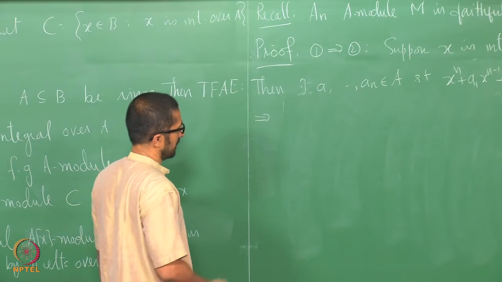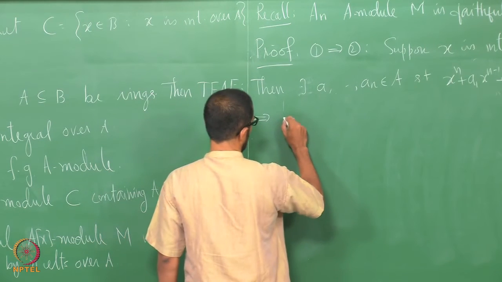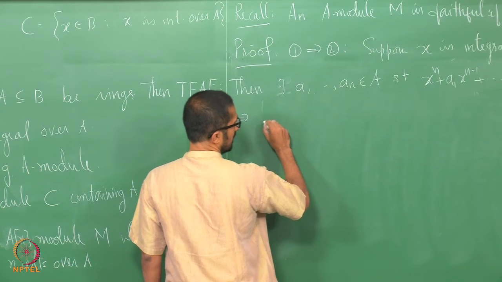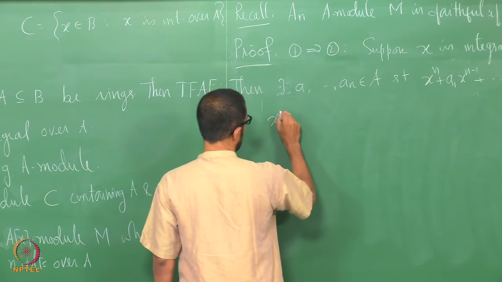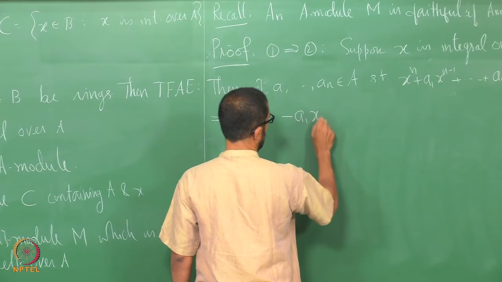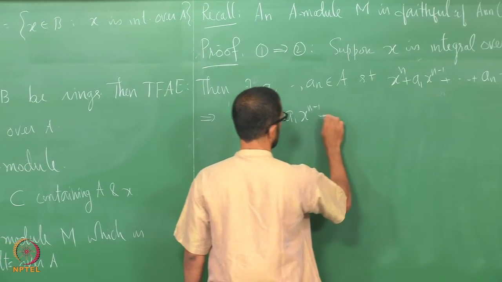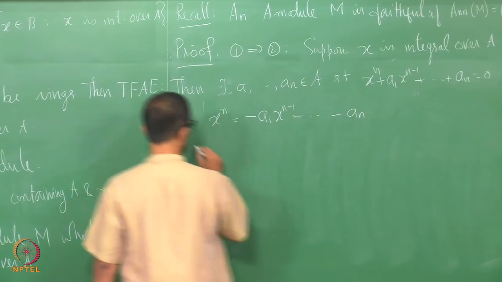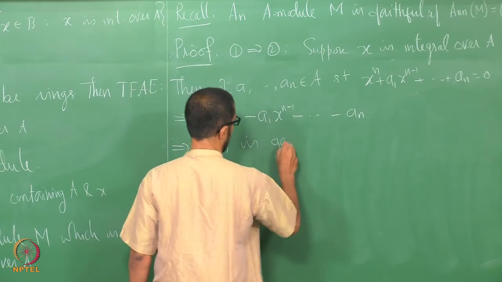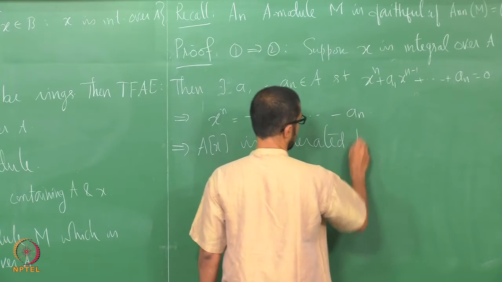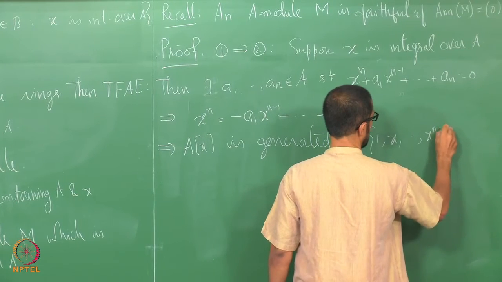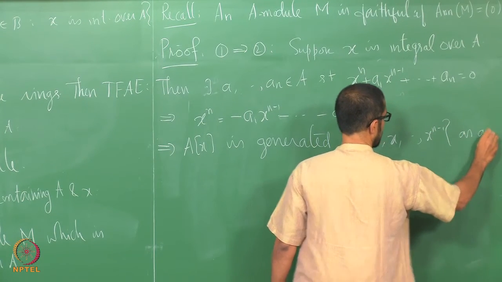There are many ways of saying this. This implies that x^n is equal to minus a1 x^(n-1) minus up to an, and that implies that A[x] is generated by 1, x, up to x^(n-1) as an A module.